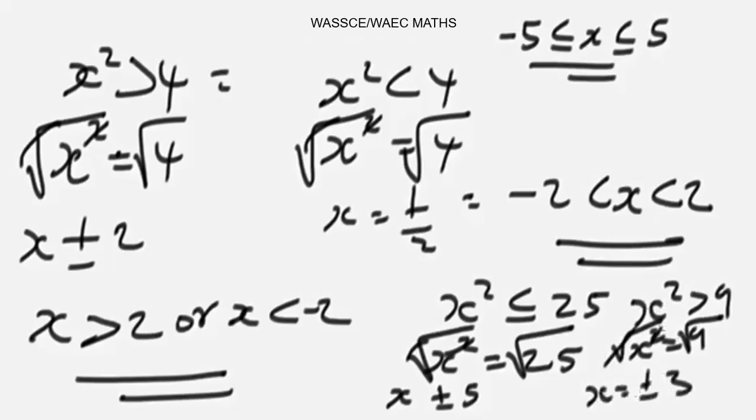Since this time around it is greater than, it's going to give us x is greater than 3 or x is less than negative 3. Okay, so this is how you represent it. So guys, it's as simple as that. Now, let's wipe this and look at a further example.